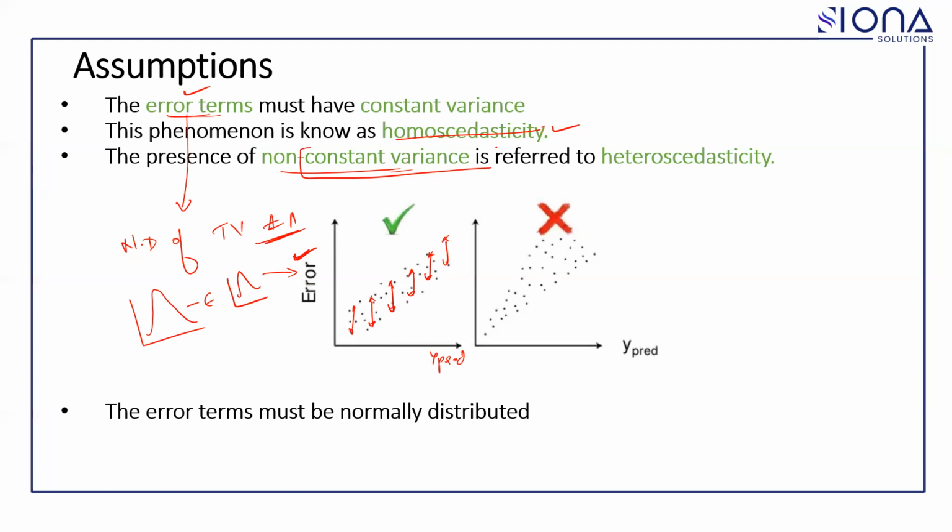But when we do our linear regression, we will not have our error in hand, correct? Error is something which we get only after doing the prediction.